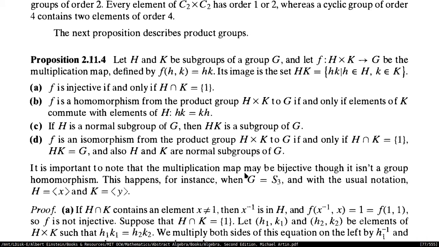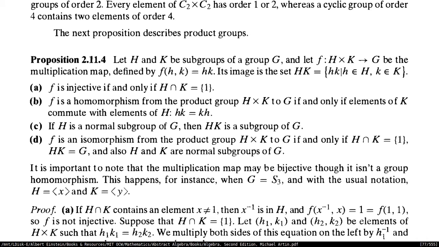Okay, so you have H and K as subgroups of a group G. Then you have a map which takes you from H cross K to G, and it's the multiplication map. So it takes two elements from the subgroups and multiplies them in the group G, right?